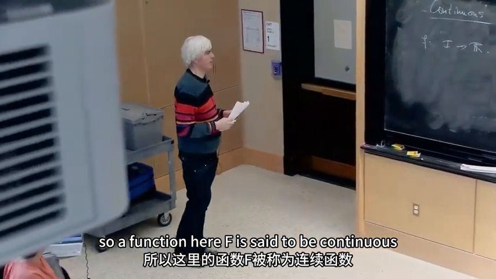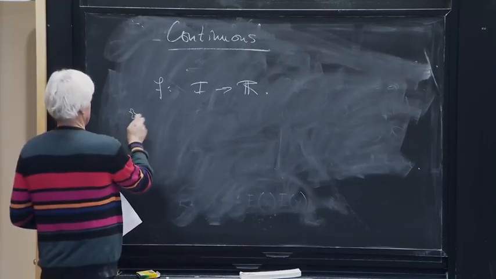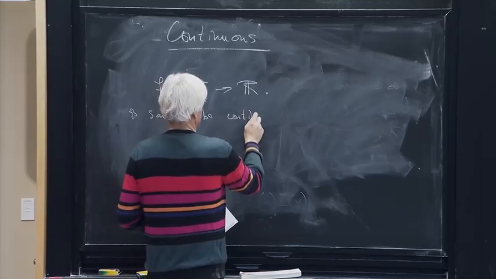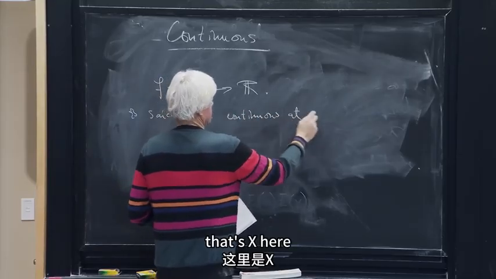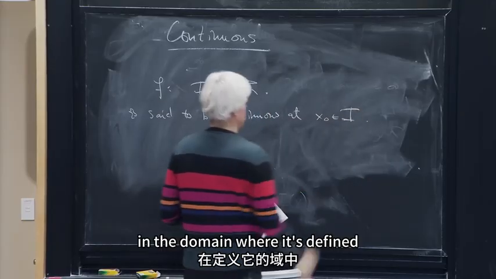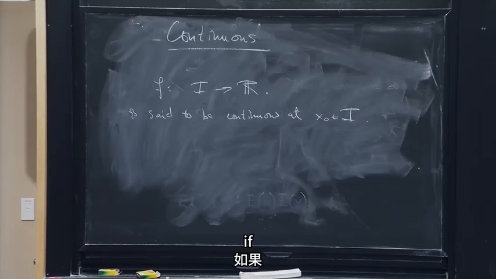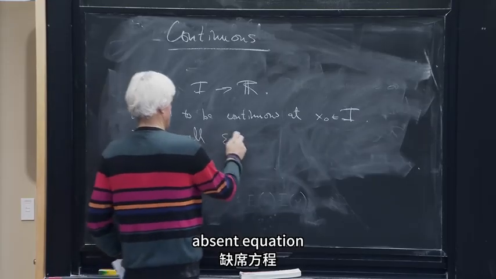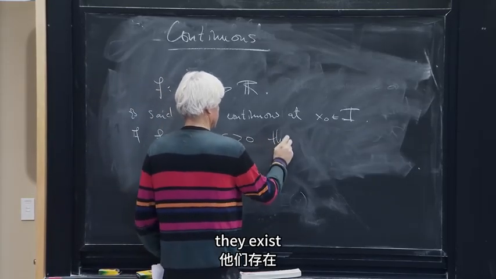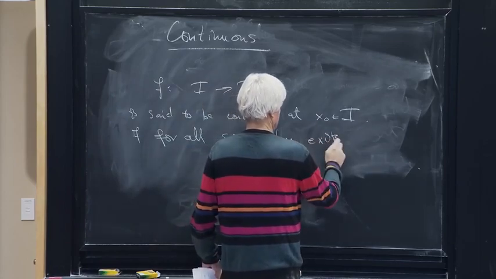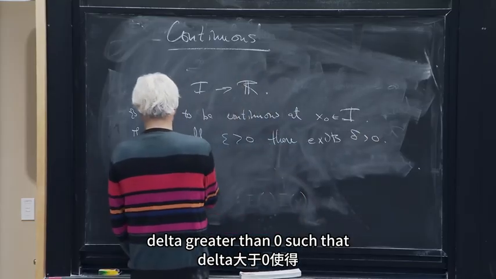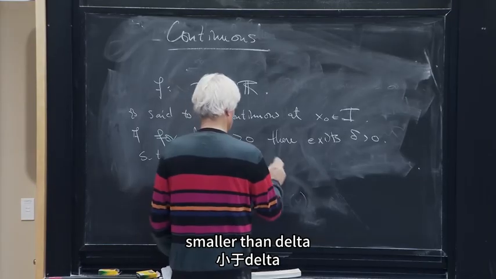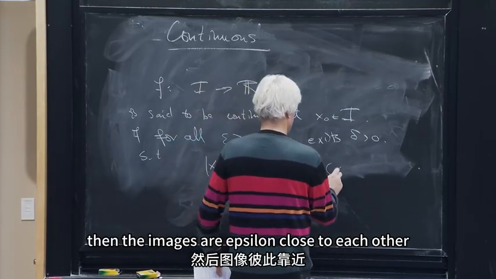A function f is said to be continuous at x0 in the domain where it's defined if for all epsilon greater than 0, there exists delta greater than 0 such that if |x minus x0| is smaller than delta, then the images are epsilon close to each other.